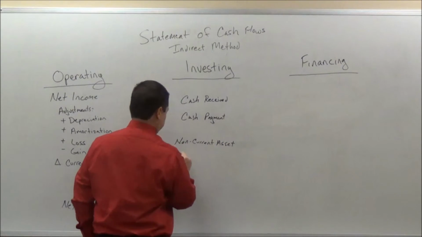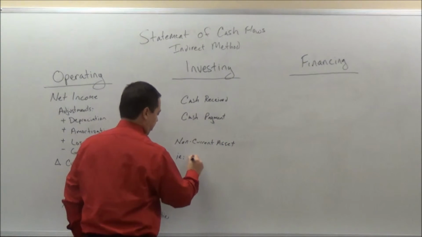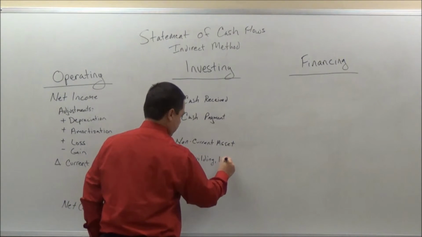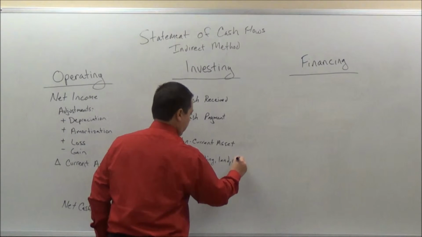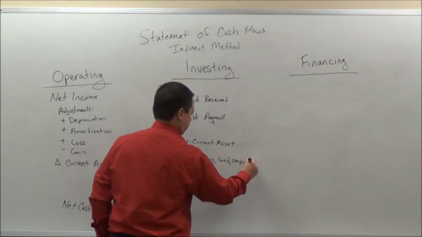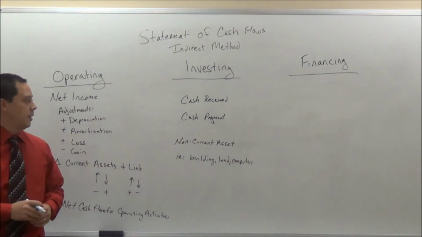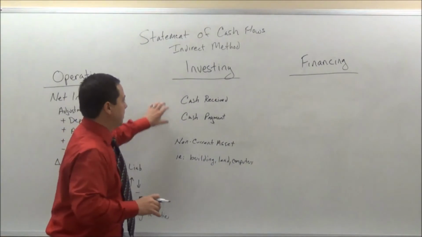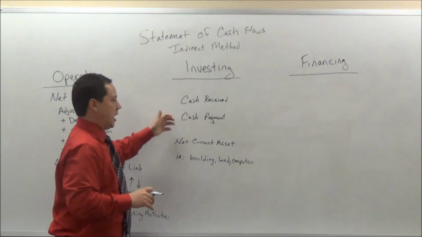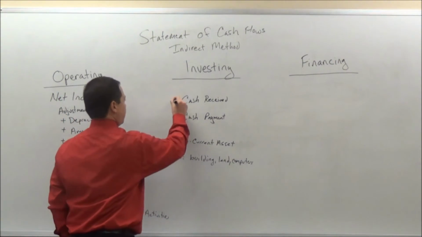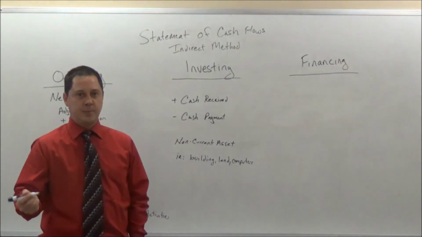So examples of this is maybe a building, land, computers, and those type of things there. So what we paid in as a part of that. And so those are non-current assets. So cash received and take away the cash payments. Pretty simple to figure that out.